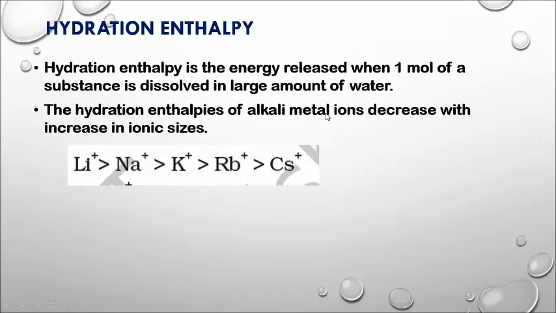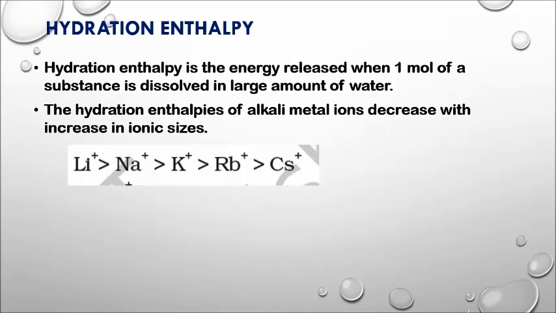For the alkali metal ions, it decreases with the increase in ionic size. Decreases with increase in ionic size means we have the order Li+ greater than Na+ greater than K+ greater than Rb+ greater than Cs+. This is the order, so there is a decrease in the hydration enthalpy.